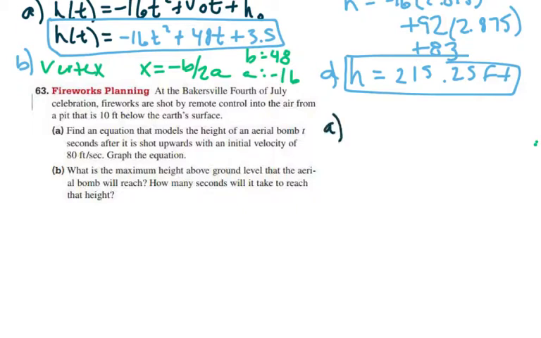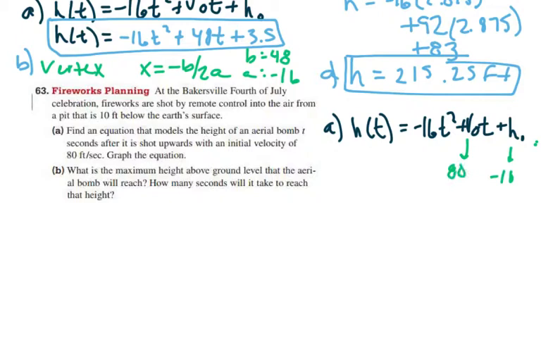So of course we're going back to our equation of height and velocity. Filling in what they're giving us, the initial height is going to be negative 10 for it being 10 feet below the Earth's surface, and then 80 feet per second is going to be our velocity.